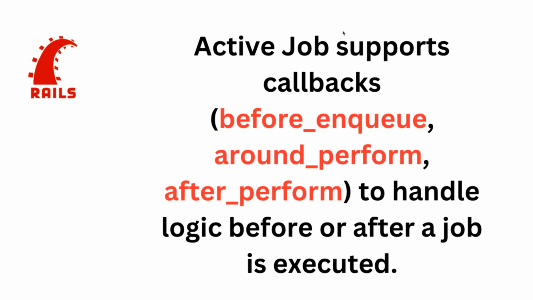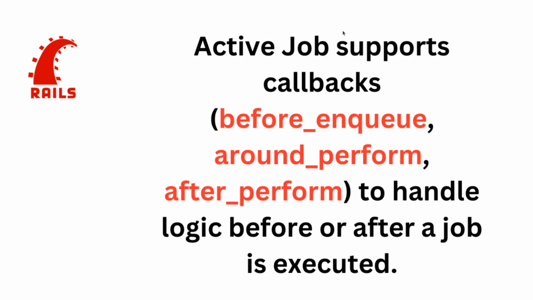Similarly we have these callbacks available for active jobs as well. These are very basic details about active jobs, and they must be understandable by any developer who has to work with active jobs. Because these are very basic terminology and you must have an idea about them, otherwise you will face difficulties creating and executing your active jobs.